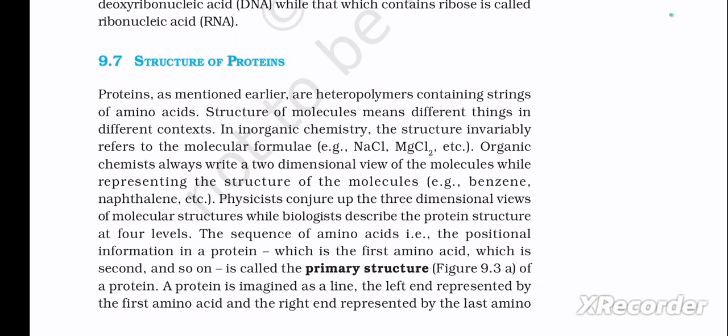Next, structure of proteins, 9.7. Proteins, as mentioned earlier, are heteropolymers containing strings of amino acids. Structure of molecules means different things in different contexts.